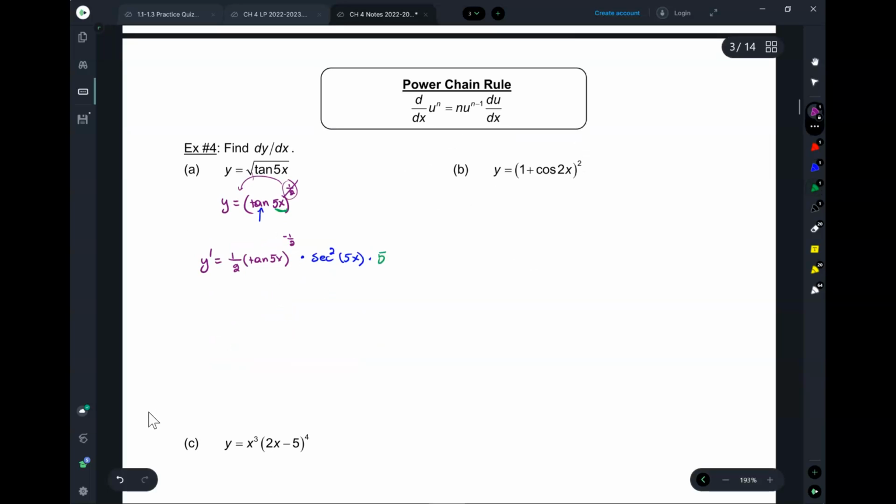So now let's rewrite this over. y prime is equal to, we've got a negative exponent here, which is no good. So it's going to be 1 over, 2 is already there, tangent 5x to the power of 1/2, times secant squared 5x times 5.